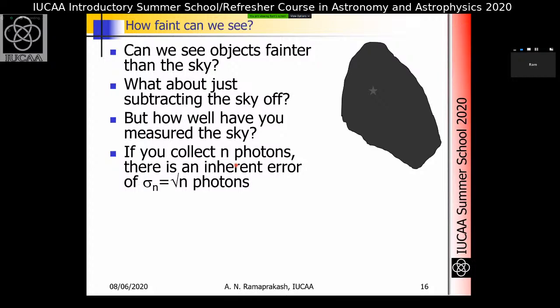Because if you take an object which is emitting light, there is no reason to assume that in any given interval of time, it is emitting exactly the same number of photons. Even if the sun is steady, it is not changing, the star is steady, it is not changing, or the galaxy is absolutely not changing its brightness, on an average, during any given interval of time, it need not emit exactly the same number of photons.